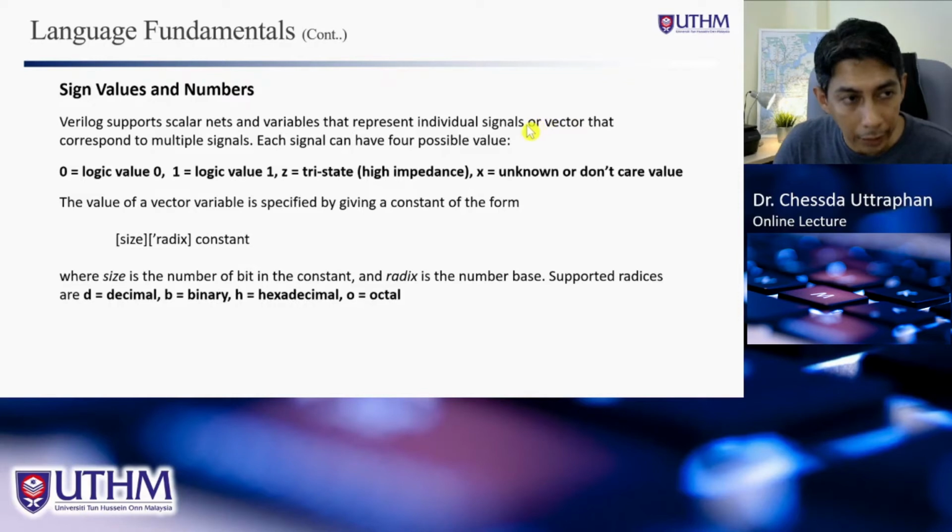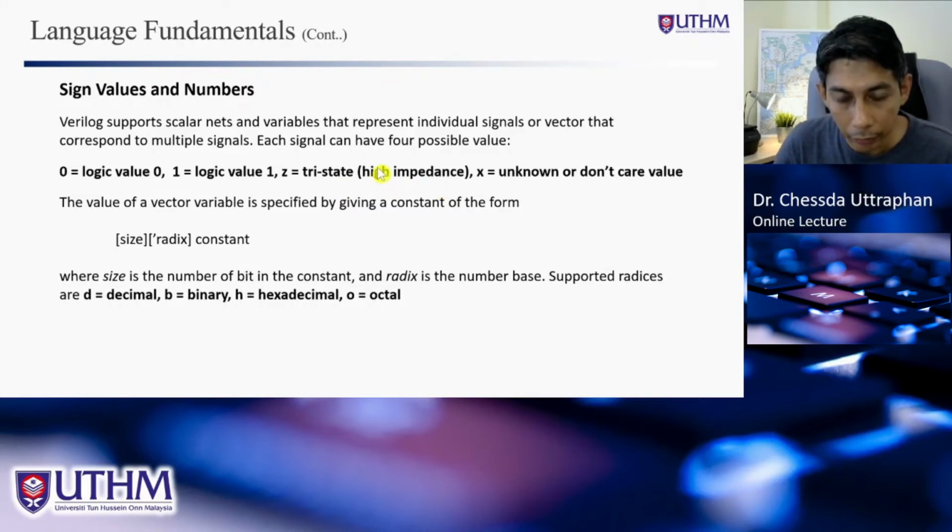and it can have 4 possible values. When you write 0 in Verilog, that means logic 0. If you write 1 in Verilog, that means logic 1. And if the signal is equal to Z, for example, that means tri-state. Tri-state here means high impedance. High impedance means not connected.